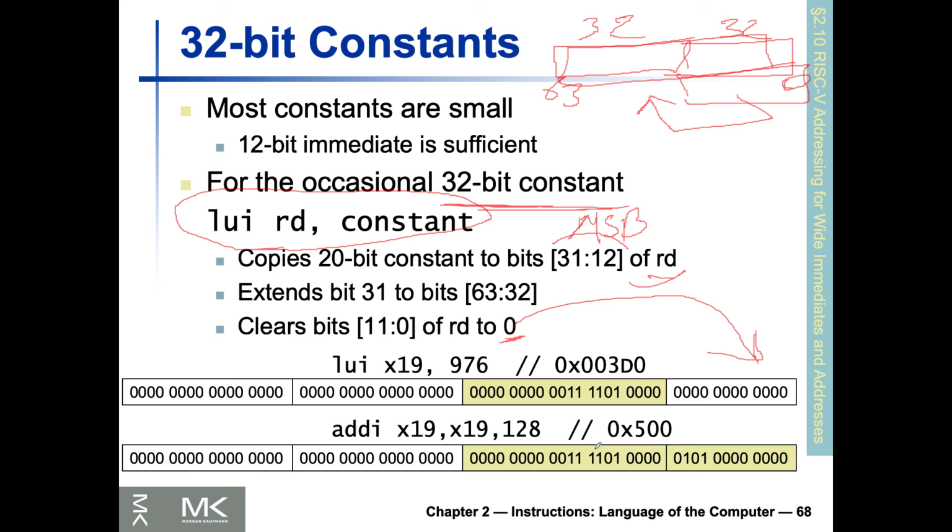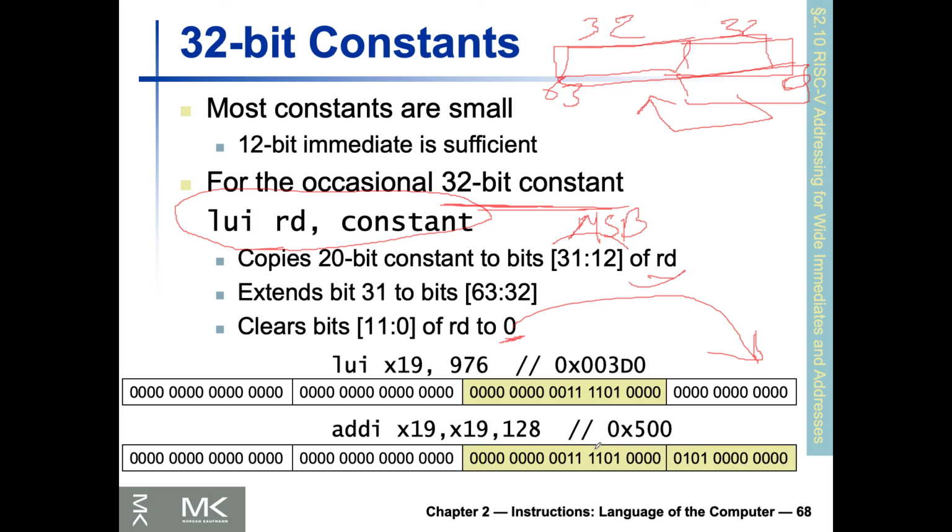So after, let's say after addi, you do another LUI to the same register, x19. It's going to clear the rightmost 12 bits. Is that what's going to happen?